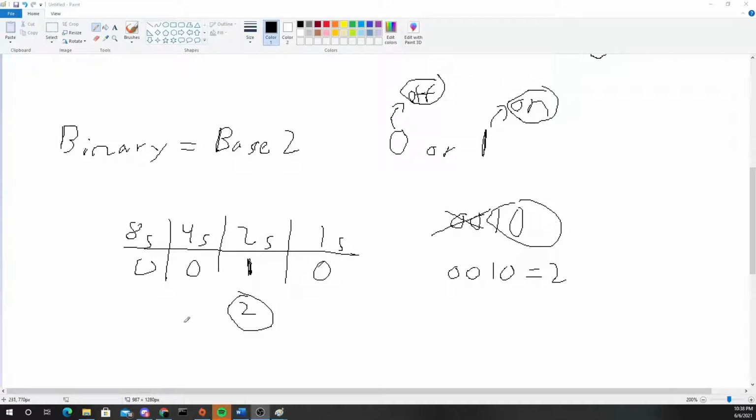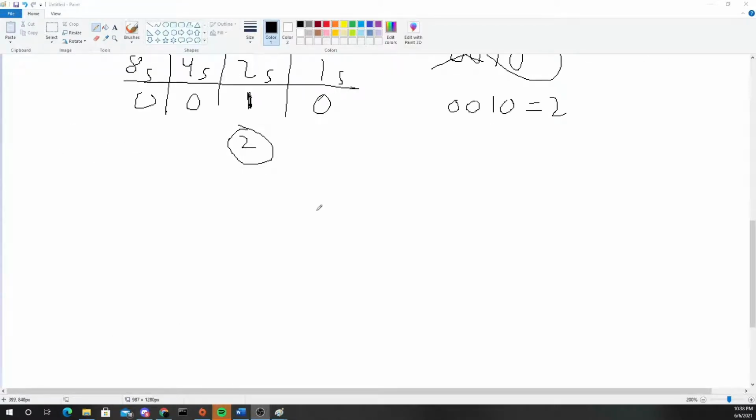And again, this numerical system is called base 2 because if we think about this in terms of exponents, we have 2 to the 0, 2 to the 1, 2 to the 2, 2 to the 3, and we're just incrementing the exponent by 1 every time. 2 to the 0, anything to the 0 power always equals 1. 2 to the 1 equals 2. 2 squared equals 4.